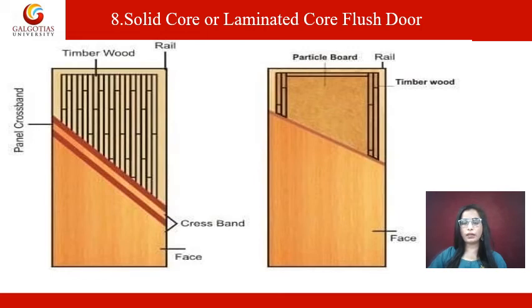Another part is the particle board, which is also a solid member, and again these are the timber wood, we can call it the wooden batten. So in this type of design we use the inside solid member for covering the door. So this is known as the solid core or laminated core flush door.